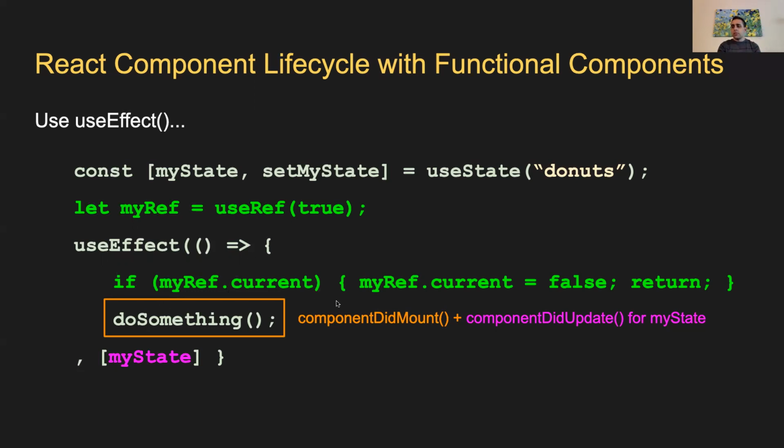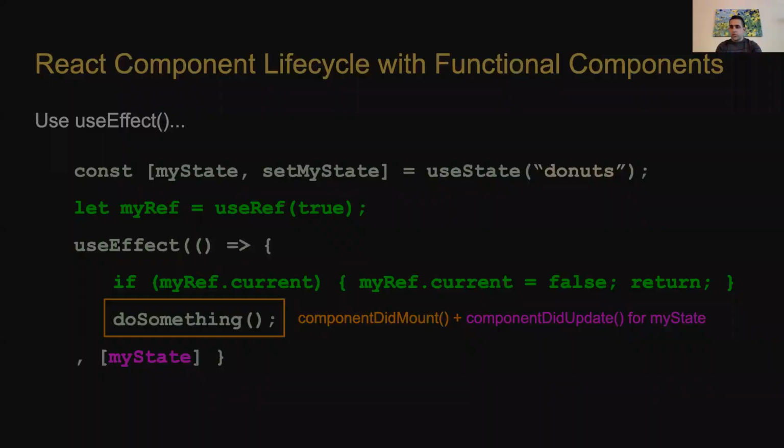You can store some value so that instead of doing it for component did mount, you can check if that value has been set. So in this case, if my ref.current is true, which is the initial value, we're going to set it to false and return. That's going to prevent our component did mount from firing. So I guess this should read component did update. Change that.